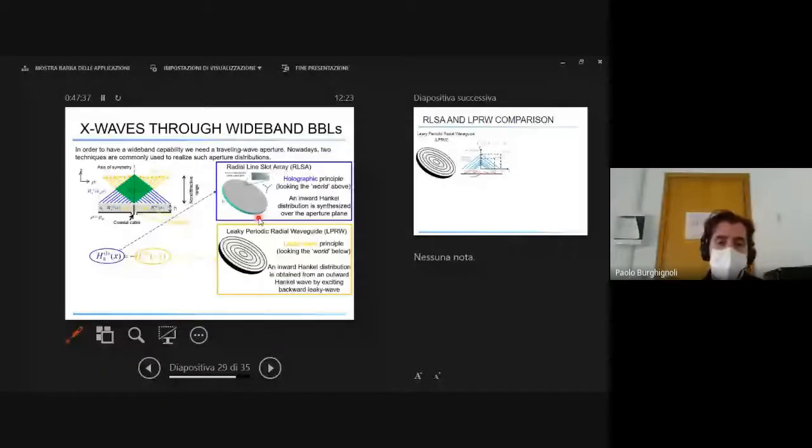One can be done by using radial line slot arrays, and is to use an azimuthally symmetric wave distribution but excite a backward periodic aperture.